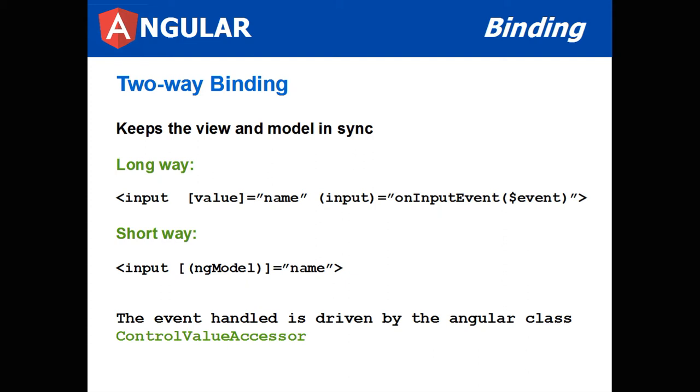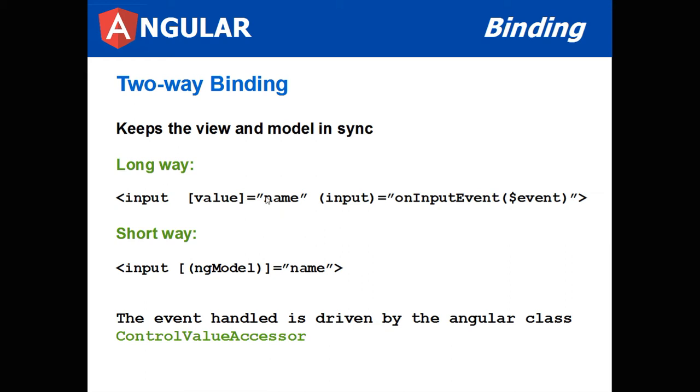Meaning, when I click a button or anything that invokes the input event, the onInput event function of the component can be invoked, and the function could extract the value from the event and update the attribute name in the component. When the attribute name of the component is updated, the value of the input tag will be updated.